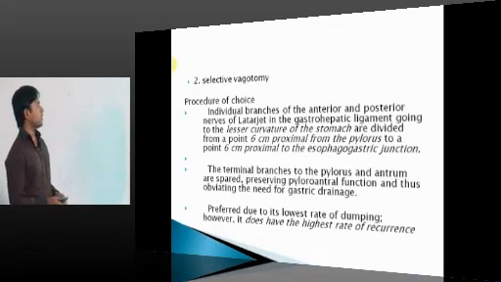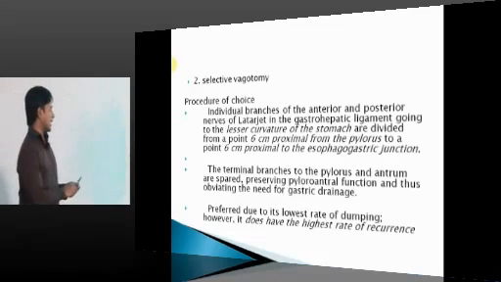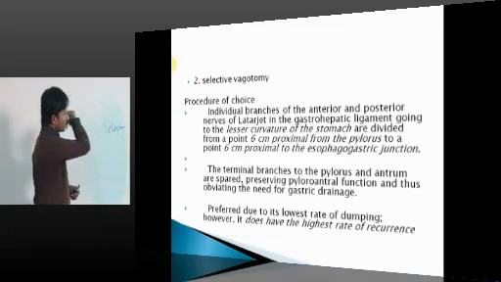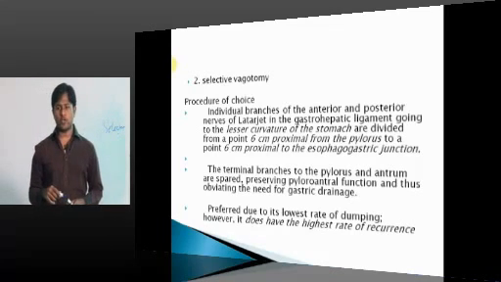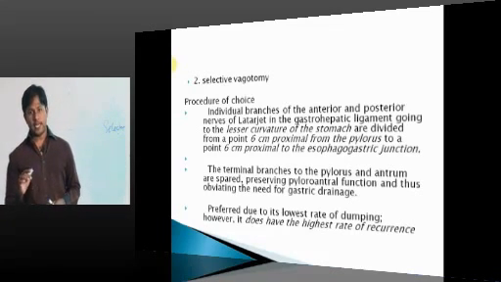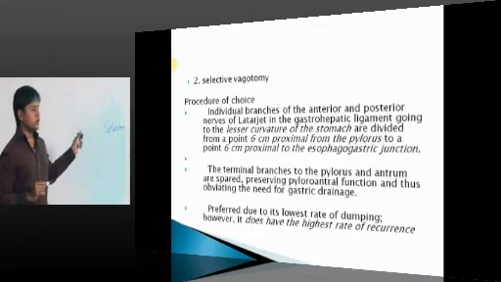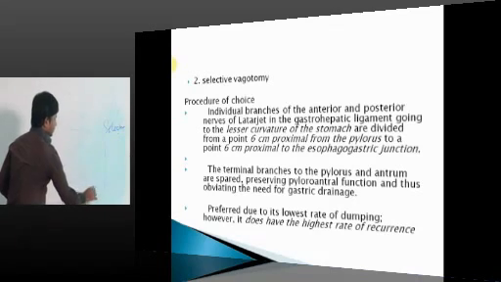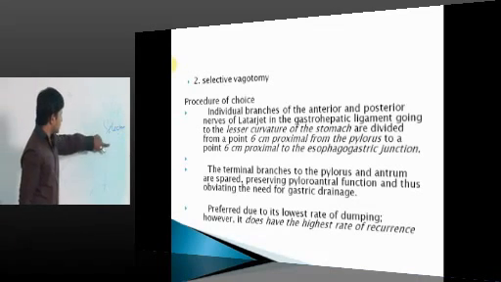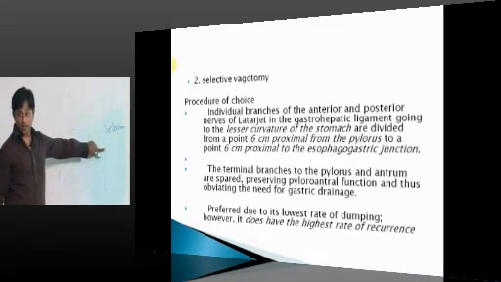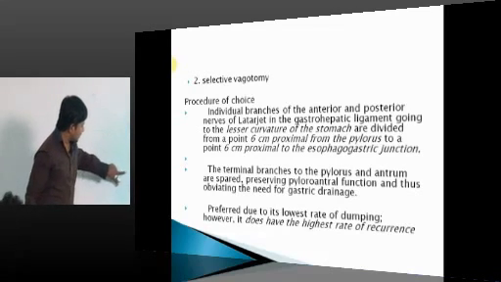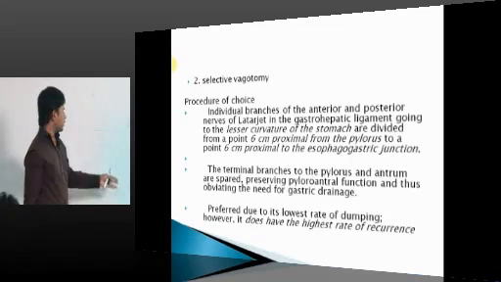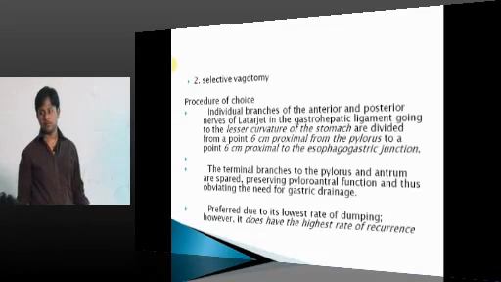Next comes the most important, the most commonly done procedure, that is selective vagotomy. This is the procedure of choice normally done now. What we do in a case of selective vagotomy is, again the same figure. This is truncal vagotomy. This is selective vagotomy. You try to spare the hepatic branch.